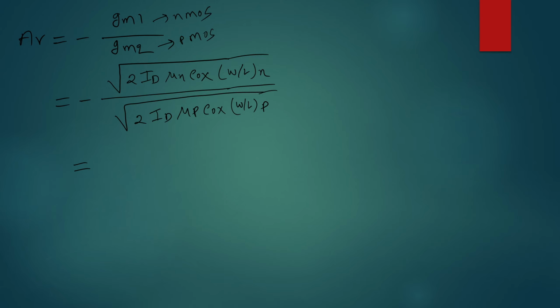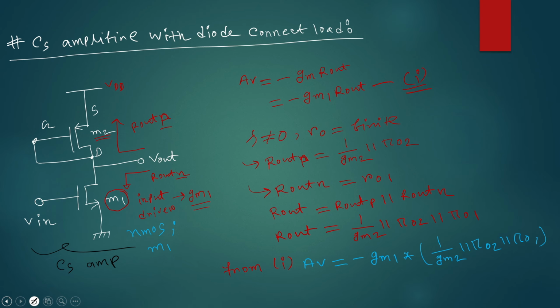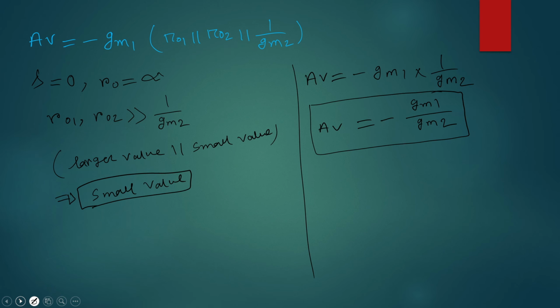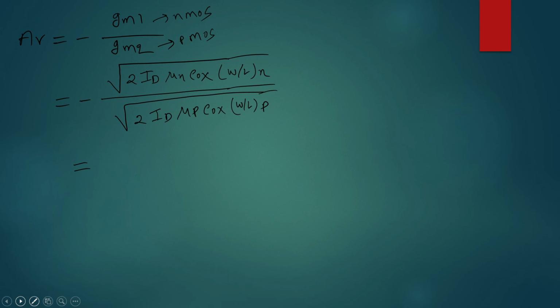So you see that from the circuitry, the same current ID flows through the M2 and M1 MOSFET.